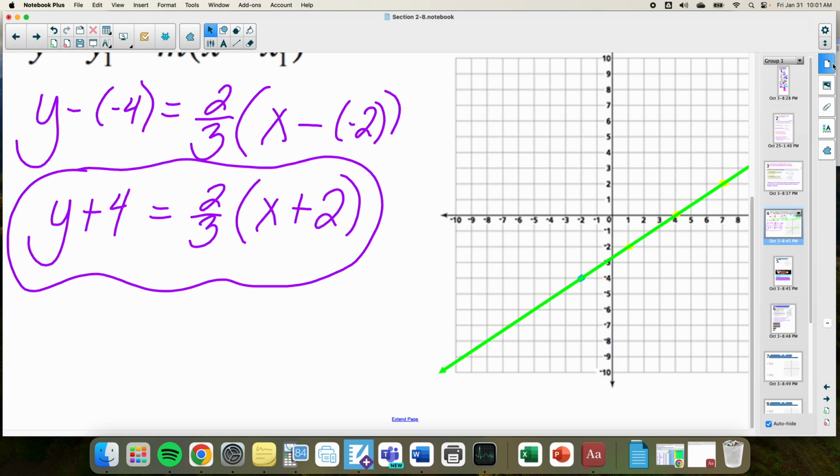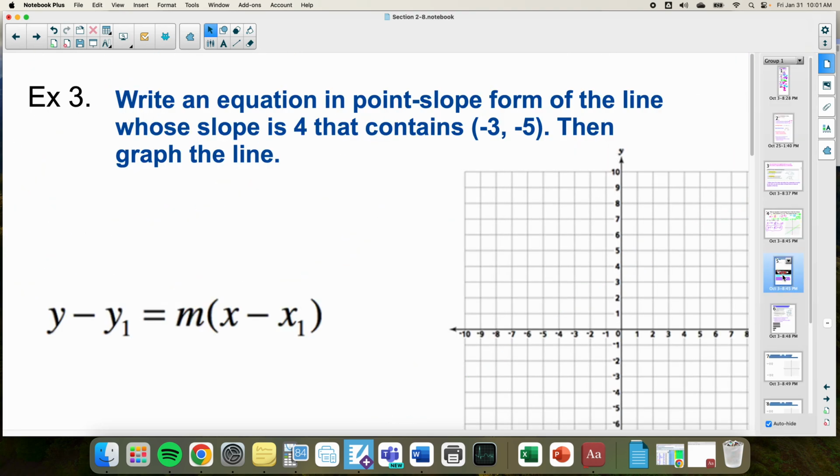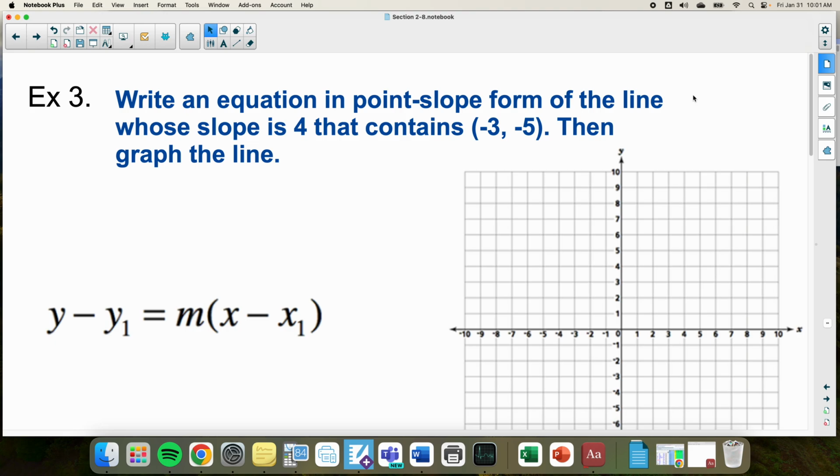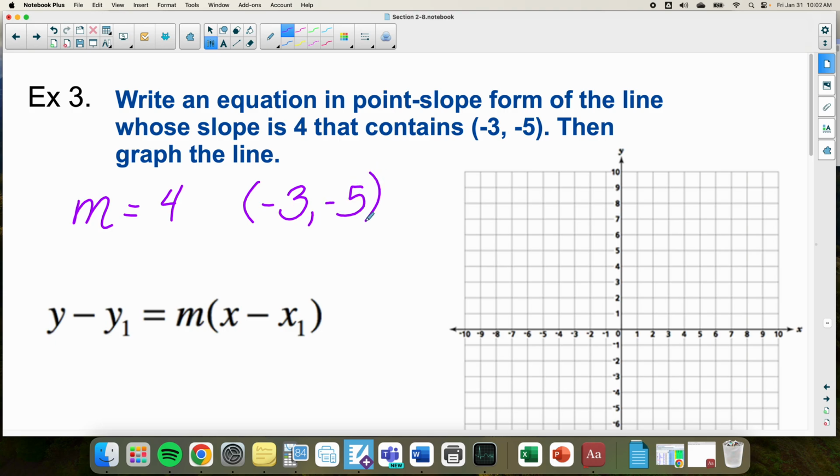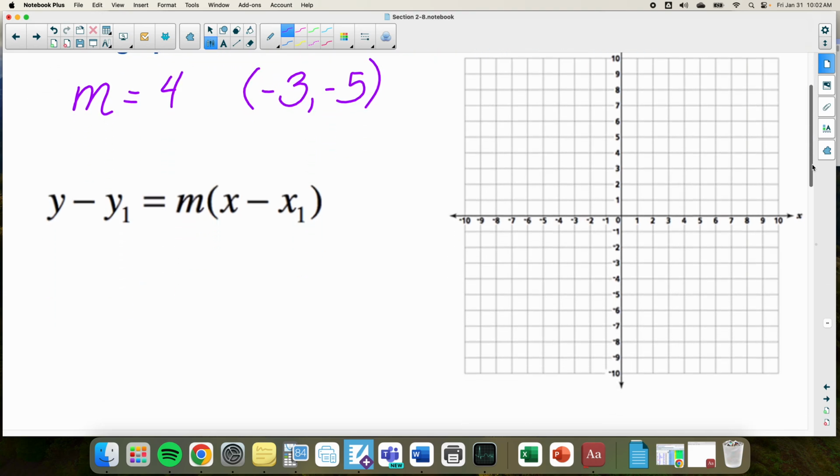All right, now last page, okay? So again, in this one, they are going to give us the slope, which is 4, and they tell us a point, (-3, -5). So the first thing I do is come down here, and this is my x1, y1. So the first thing I'm gonna do is go y minus y1, which is -5.